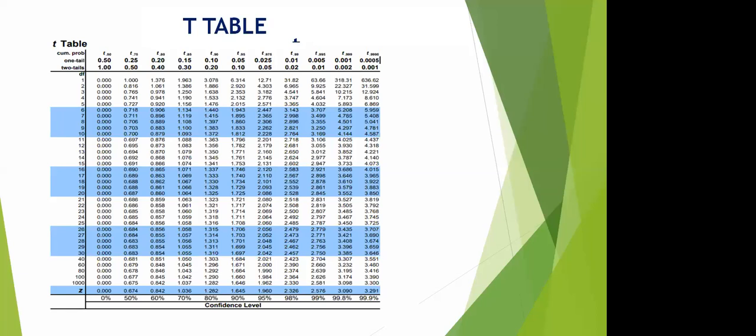If the sample is 30, the degrees of freedom will be 29. So in this table, we see this row, DF, the degrees of freedom, and this row we should consider.